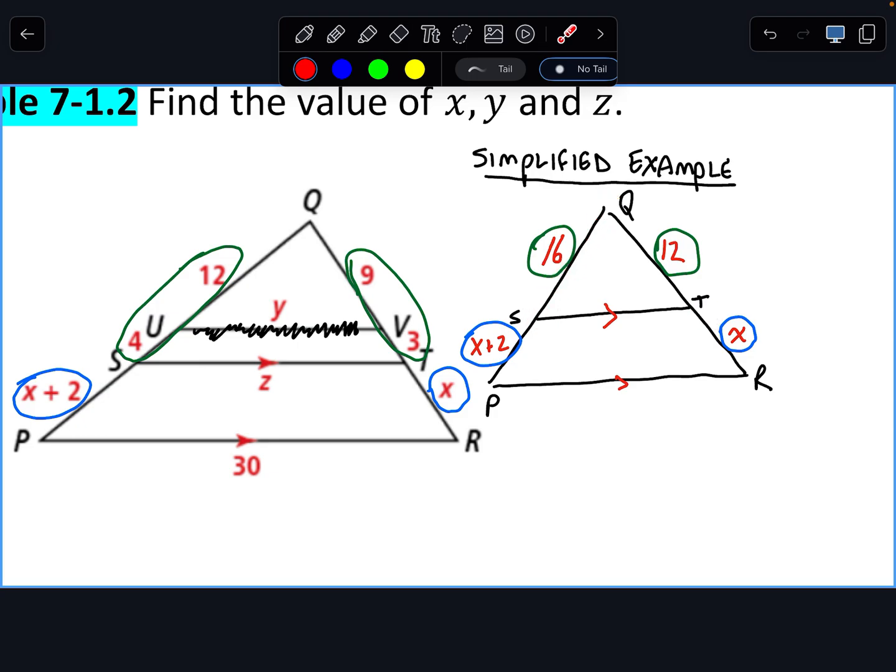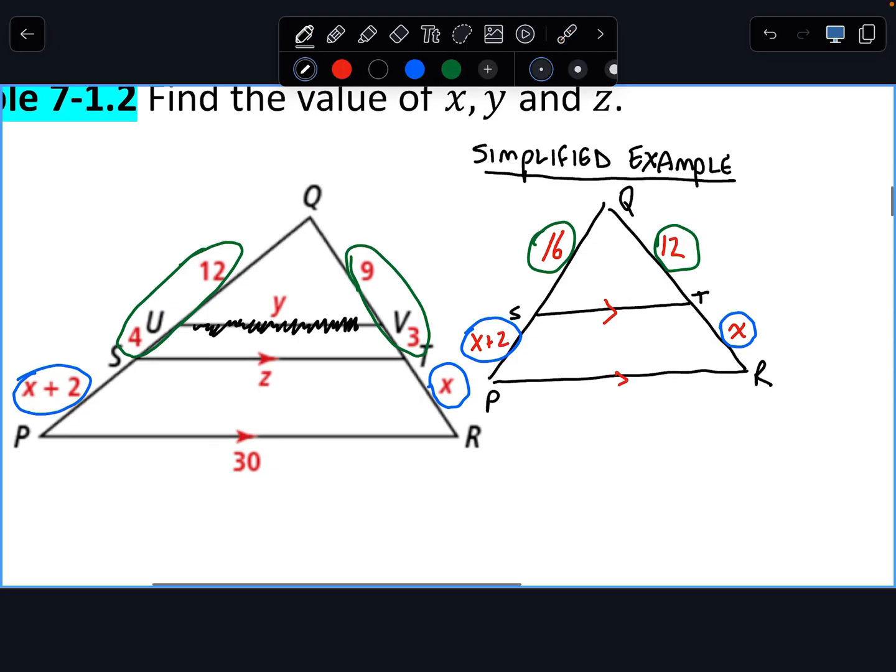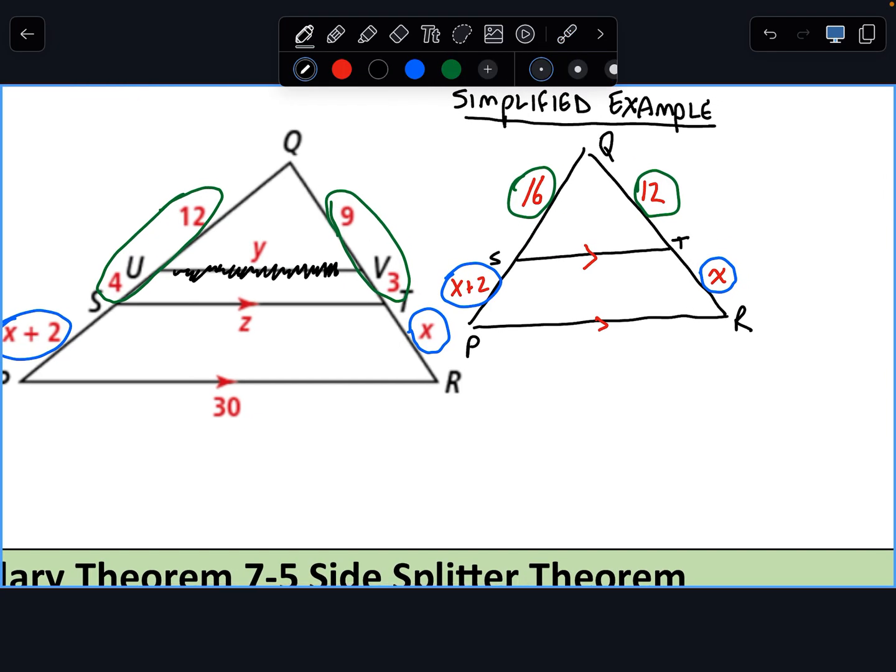Or if 16 is 3 times the length of x plus 2, then 12 has to be 3 times the length of x. We have to have the same relationship on both sides of the triangle. So let's go ahead and set up a proportion and solve. I'm going to say 16 over x plus 2 equals 12 over x.